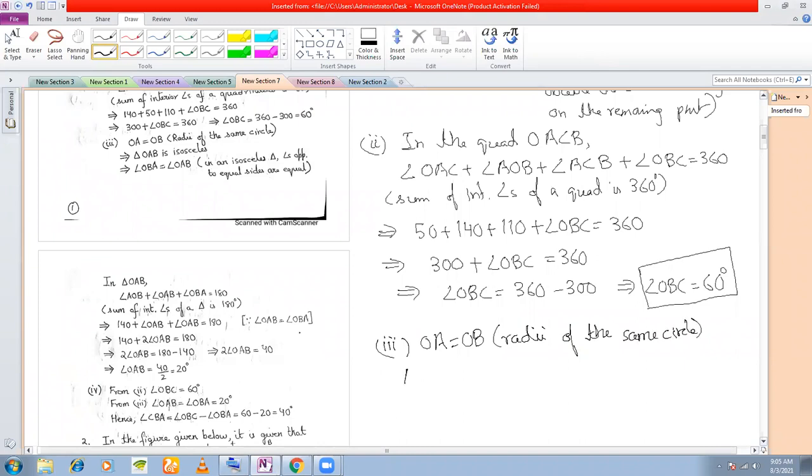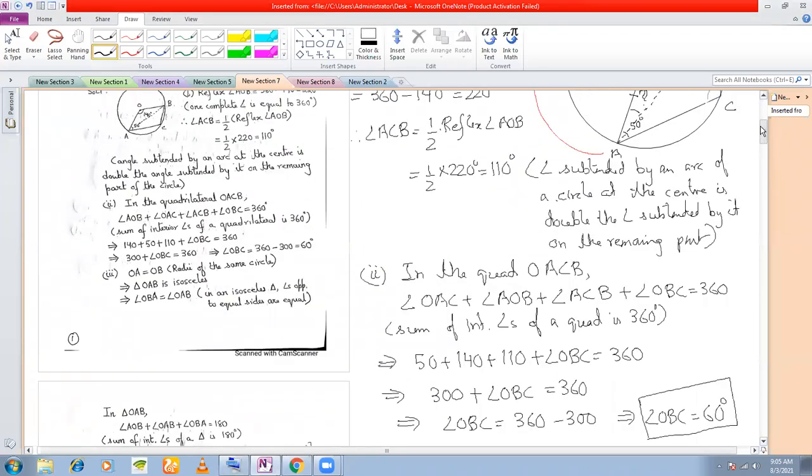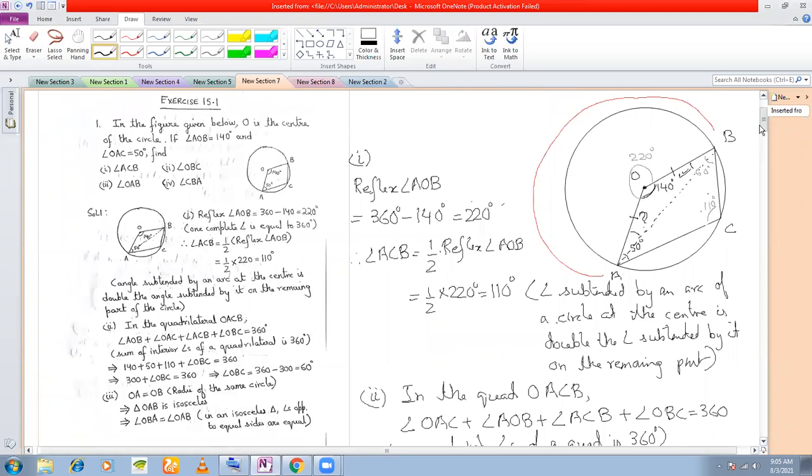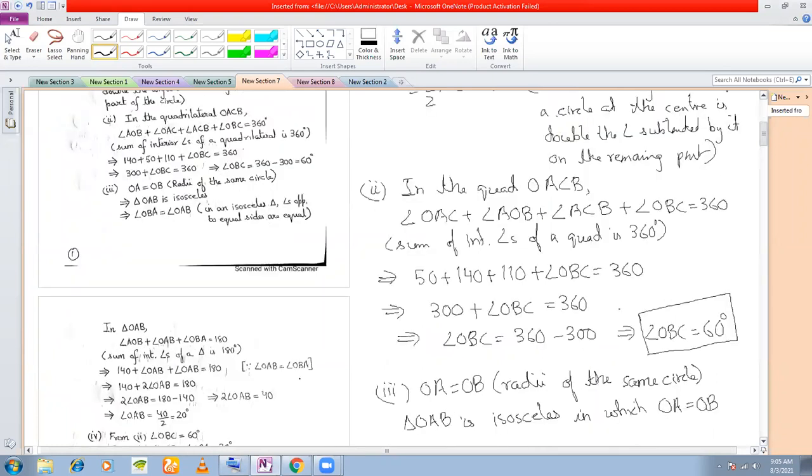That means triangle OAB is isosceles, in which OA is equal to OB. So what are the angles that are opposite to OA and OB? Opposite to OA is angle OBA, and opposite to OB is angle OAB.